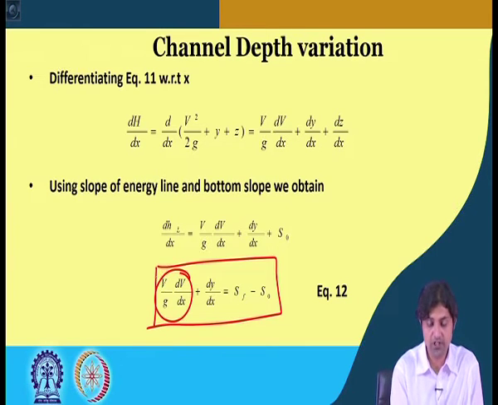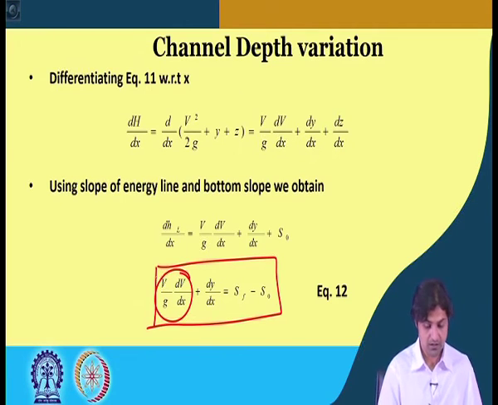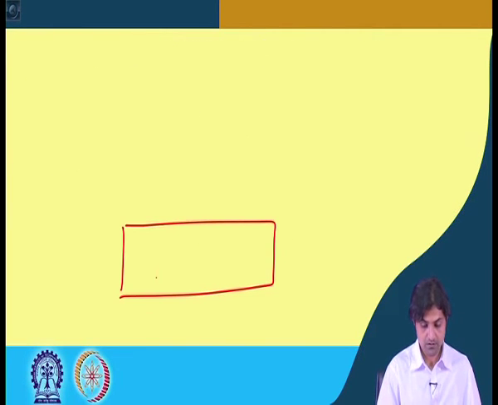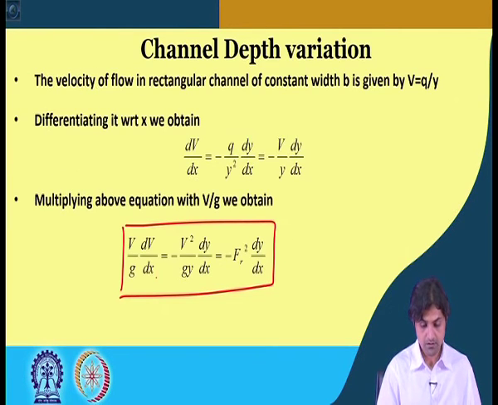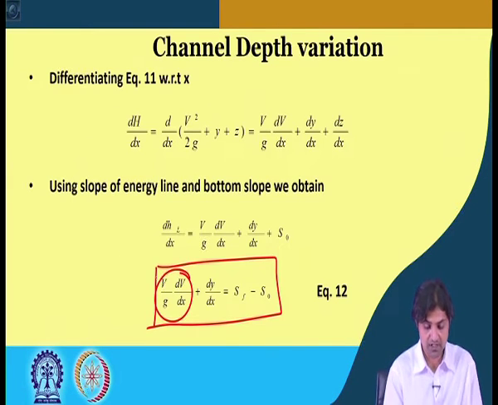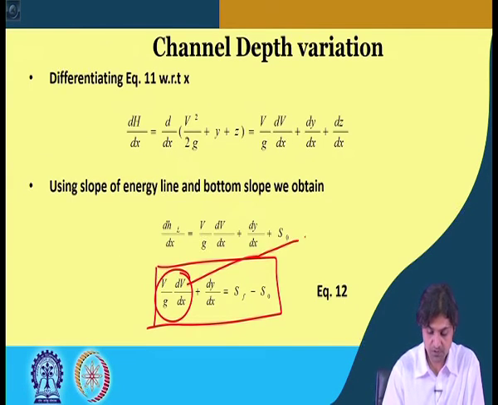This value we already know: v by g into dv dx is equal to minus Froude number square into dy by dx, correct.